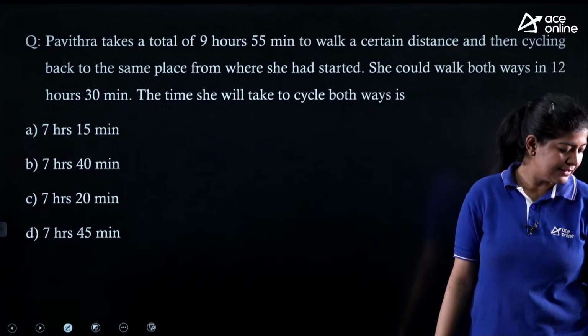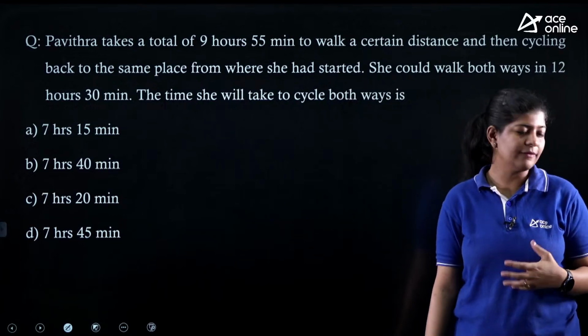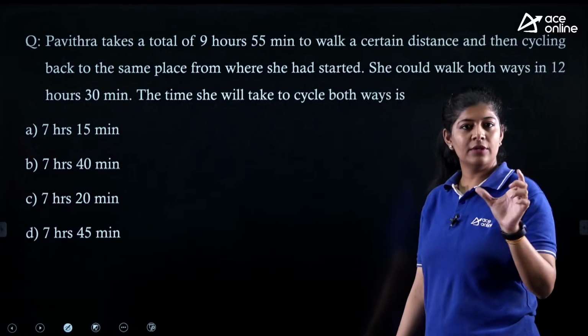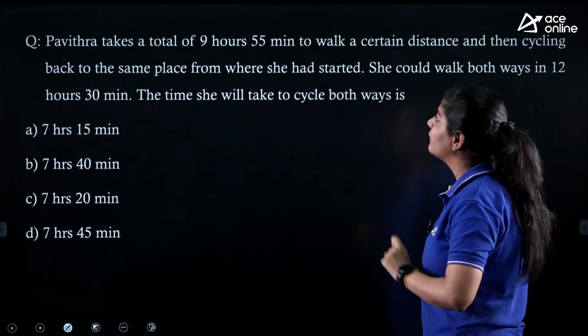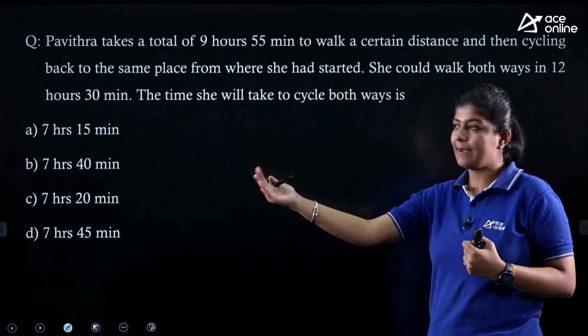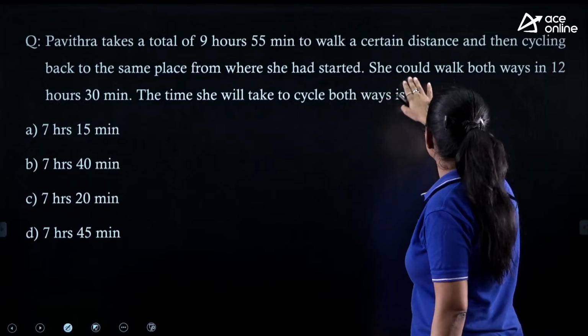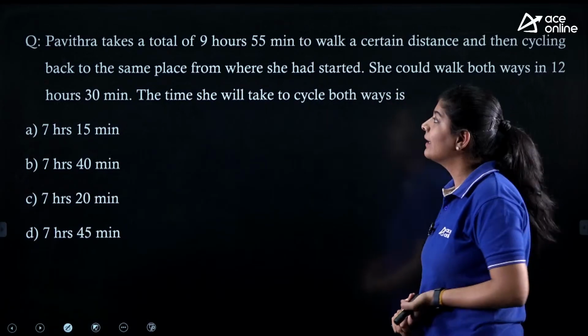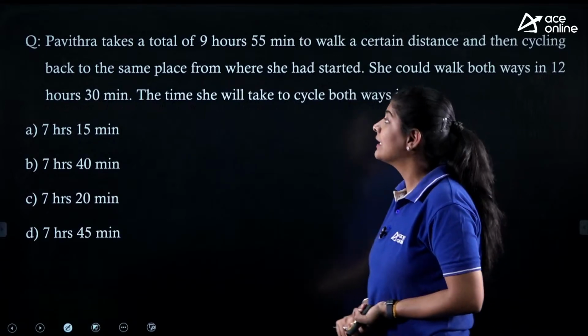So basically the question is trying to say that we have one person who walks, in a total of 9 hours and 55 minutes, and after that she cycles back to reach the same initial point. Now if she walks both ways, the time taken by her is 12 hours and 30 minutes.